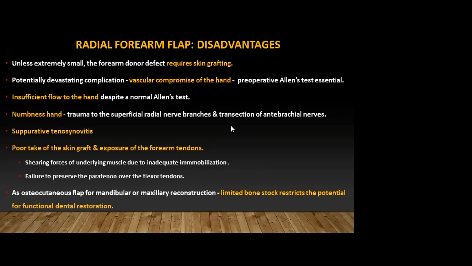The second cause is failure to preserve the paratendon over the flexor tendons. So if you don't look into these two factors, there is a high chance of poor take of the skin graft and exposure of the forearm tendons. And if we are using this radial forearm flap as a composite or osteocutaneous flap for a mandibular or a maxillary reconstruction, the limited bone stock restricts the potential for functional dental restoration.